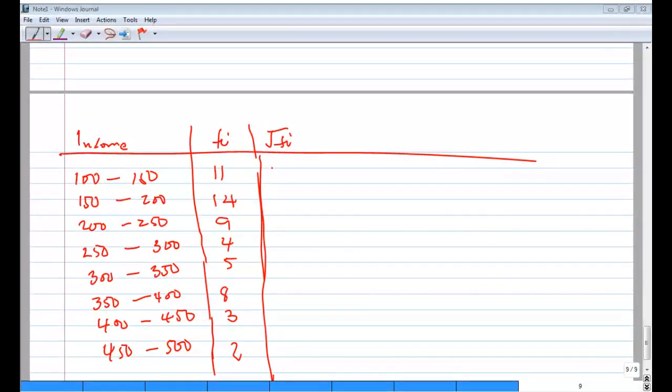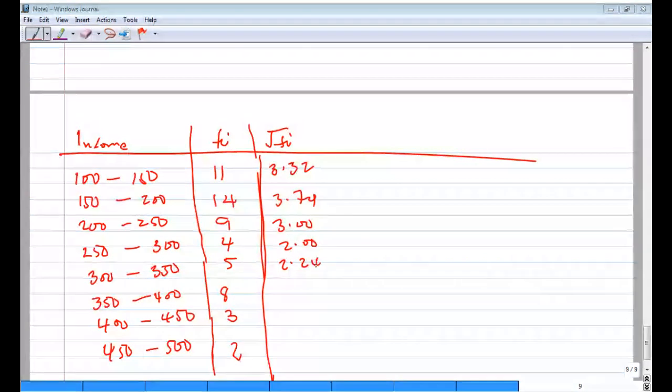So here it is 3.32. This one is 3.74. Then 3.00, 2. Then the square root of 5 is 2.24. Square root of 8, 2.83. That other one is 1.73. Then the last one is 1.41.